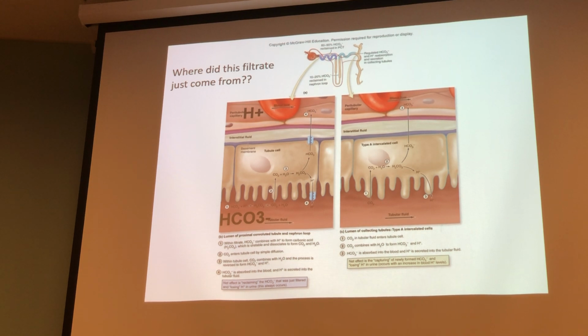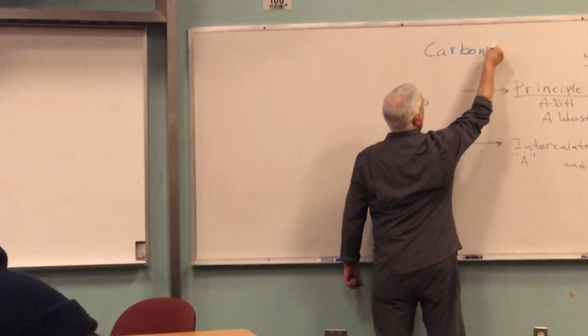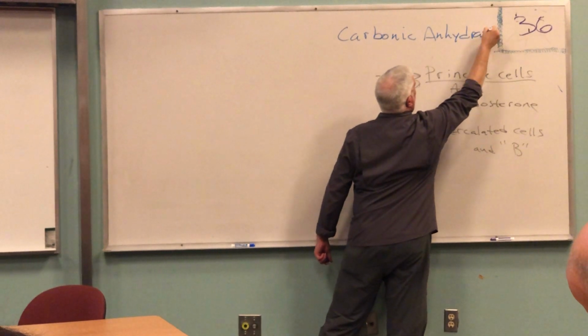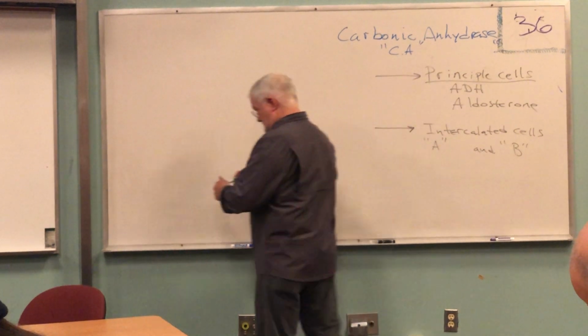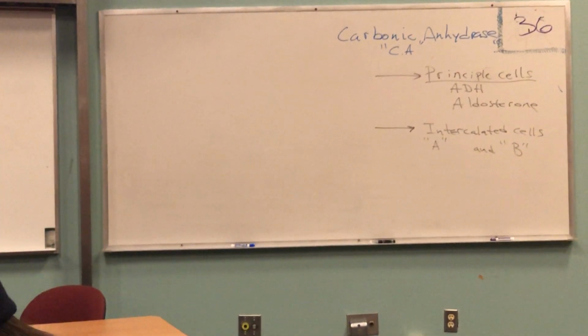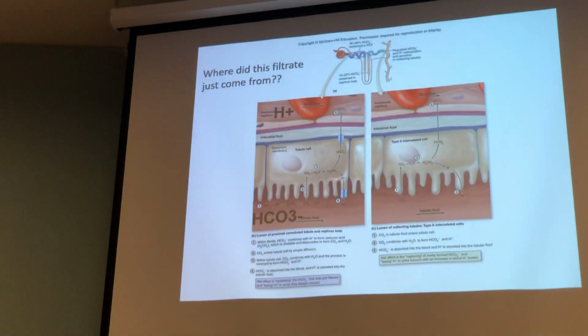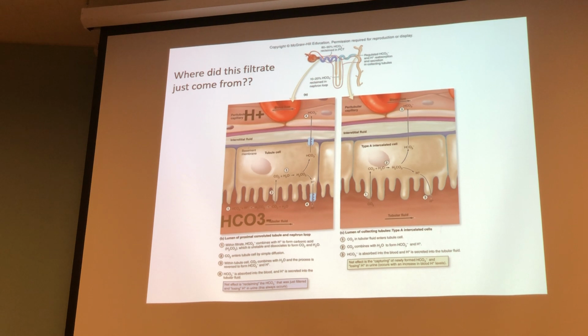And this is where you really want to know the enzyme that drives this, carbonic anhydrase, otherwise known as CA. That carbonic anhydrase allows the cell to take in CO2 and turn it with water into carbonic acid, and also allows us to break apart the carbonic acid into the bicarbonate and the hydrogens.